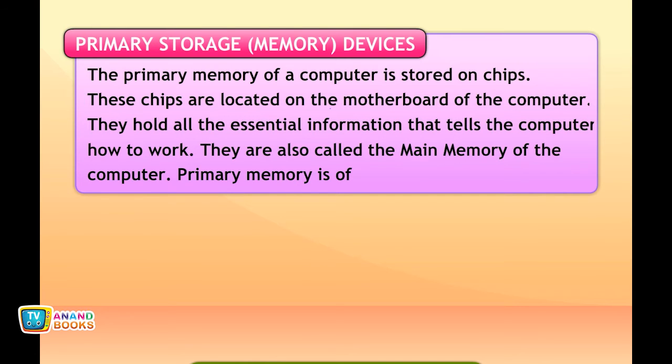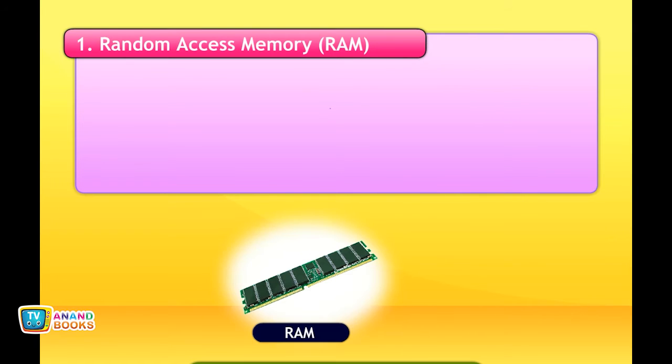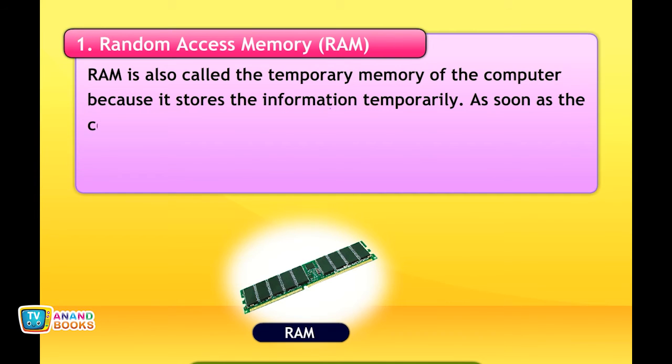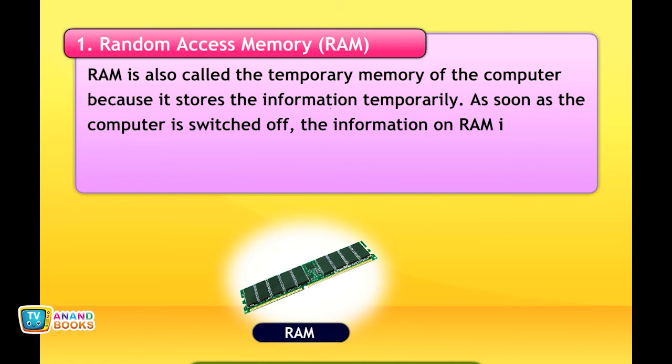Primary memory is of two types. 1. Random access memory, RAM. RAM is also called the temporary memory of the computer because it stores the information temporarily. As soon as the computer is switched off, the information on RAM is also lost.